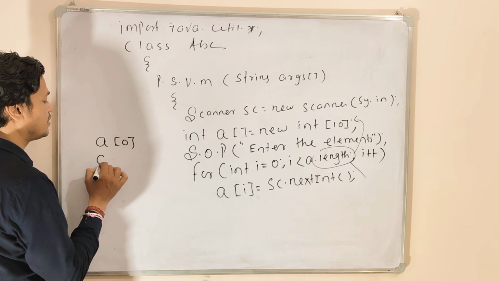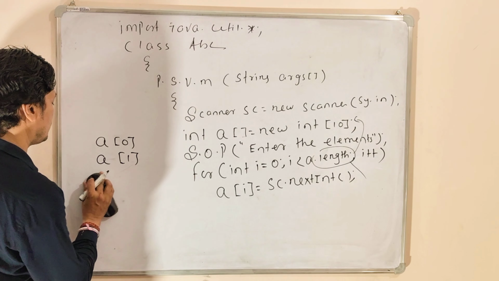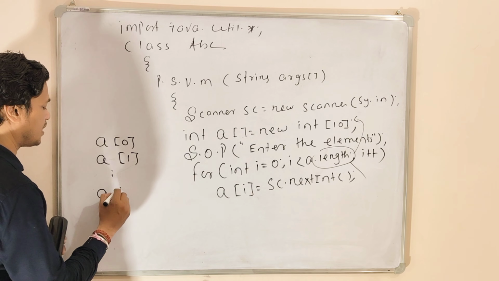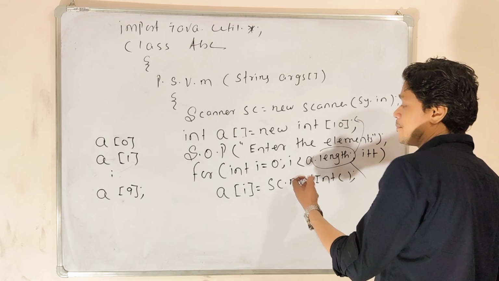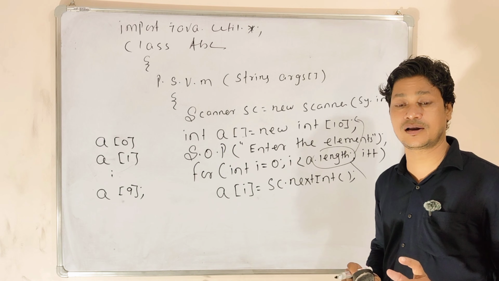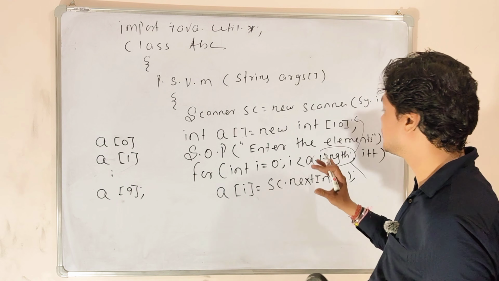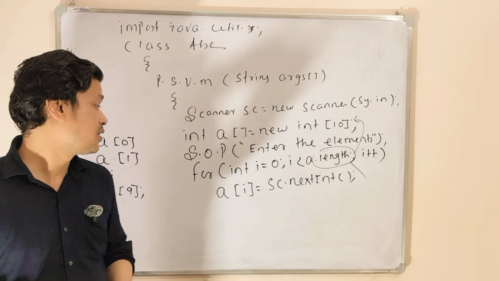A[0], then A[1] up to A[9]. And this loop also does the same task. It begins from 0 and goes up to 9. Now got it clearly? Yes, sir. This was the way to store elements into your array.